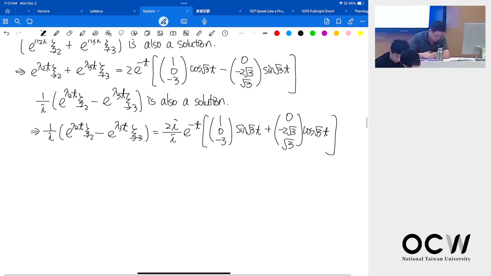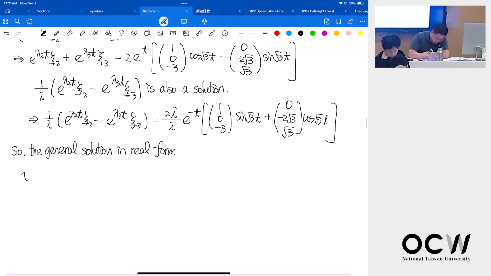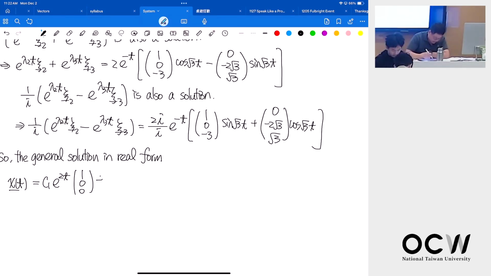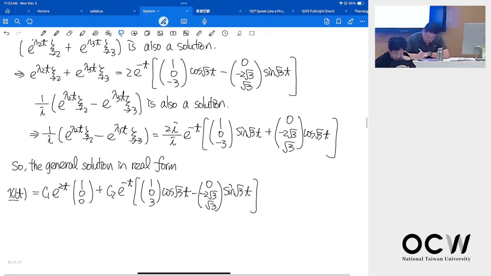So the general solution in real form is x equals c1 e to the 2t times 1, 0, 0, and a linear combination for c2, 1, 0, 3 cosine square root of 3t, and one more for c3.